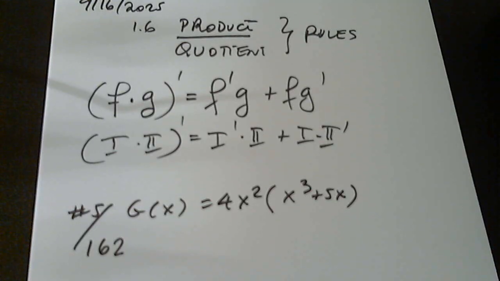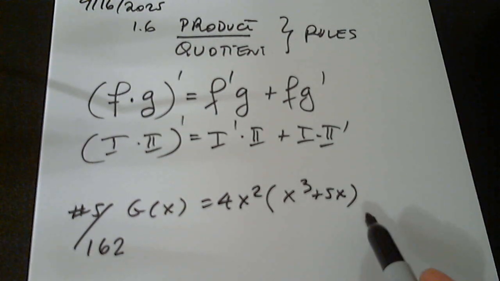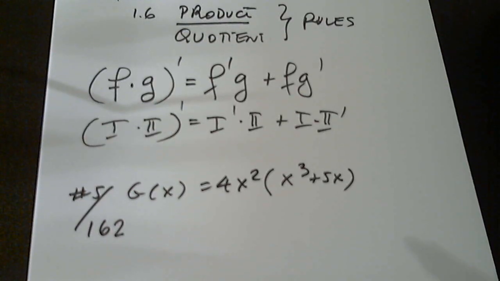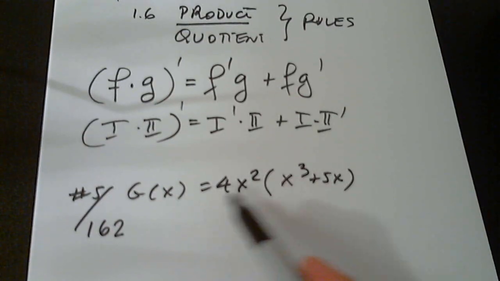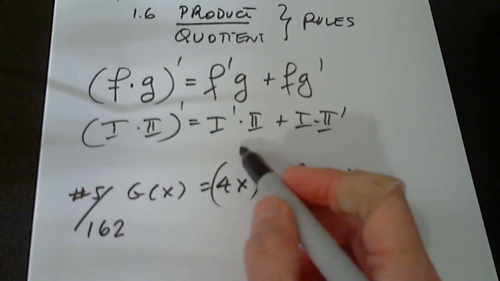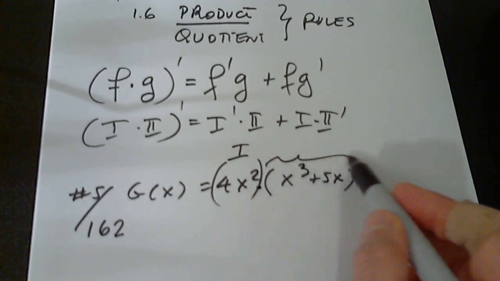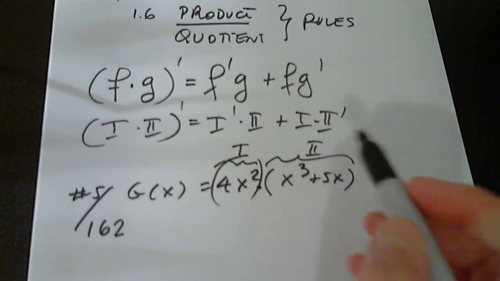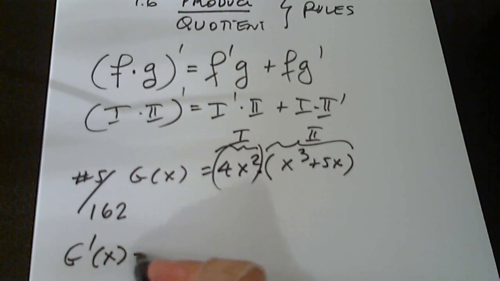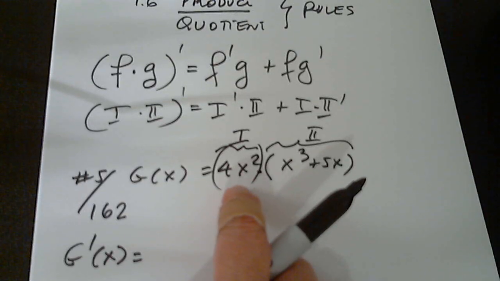Okay, so you can say, I don't need to use the product rule. What are you talking about? I will just distribute and then differentiate. Correct. This should be the best way. But we want to apply the product rule in this situation, where this is function 1 and this is function 2. So the derivative of this function will be the first function prime.